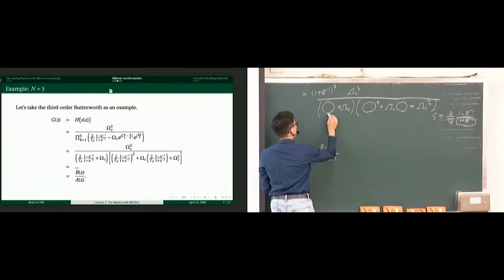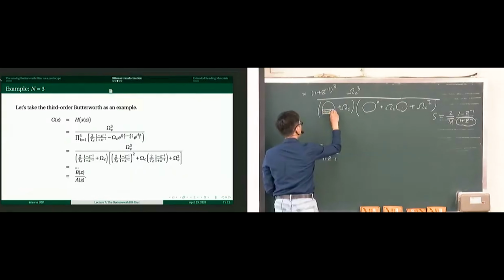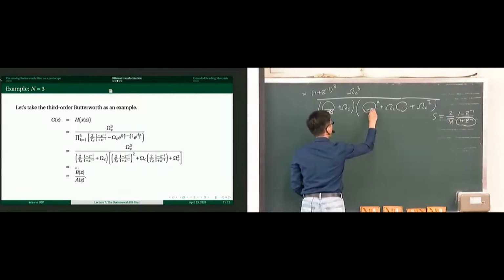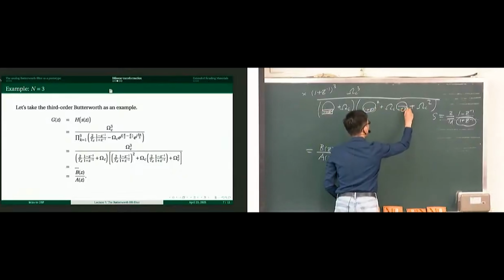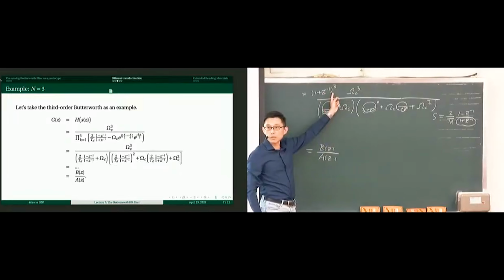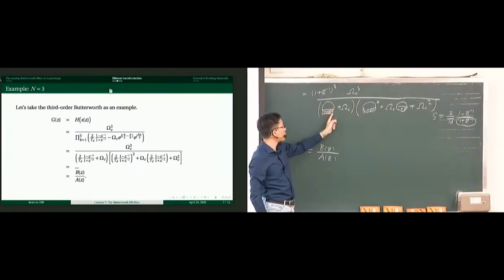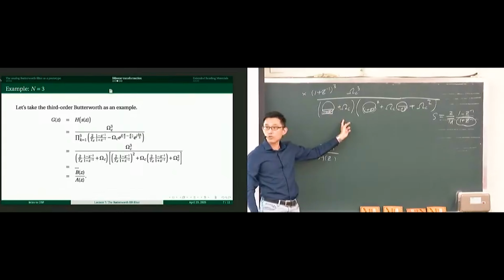So that here is a 1 plus z inverse, here is a 1 plus z inverse, and here's also a 1 plus z inverse. So multiply, just do it carefully. Multiply top and bottom with 1 plus z inverse to the third power, so that now the top and bottom both become polynomials. Can we do that? So that the top and bottom will both become polynomials.